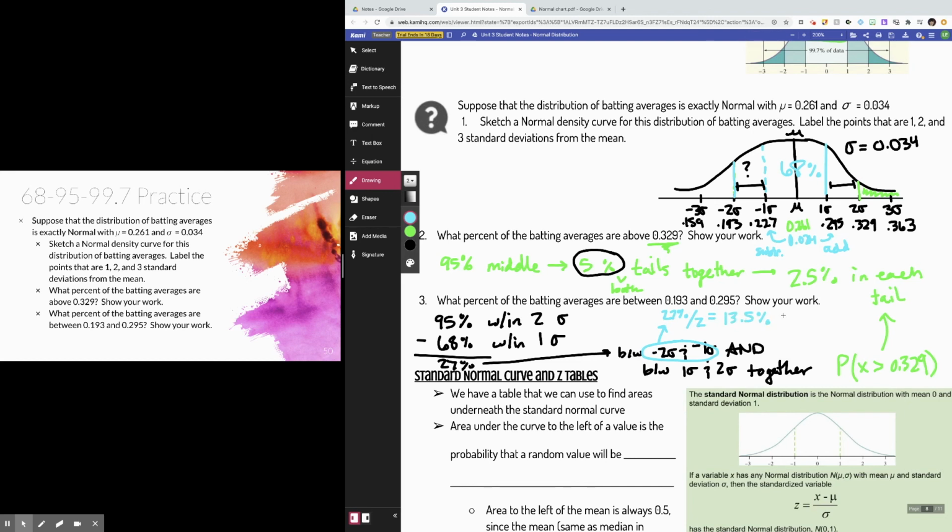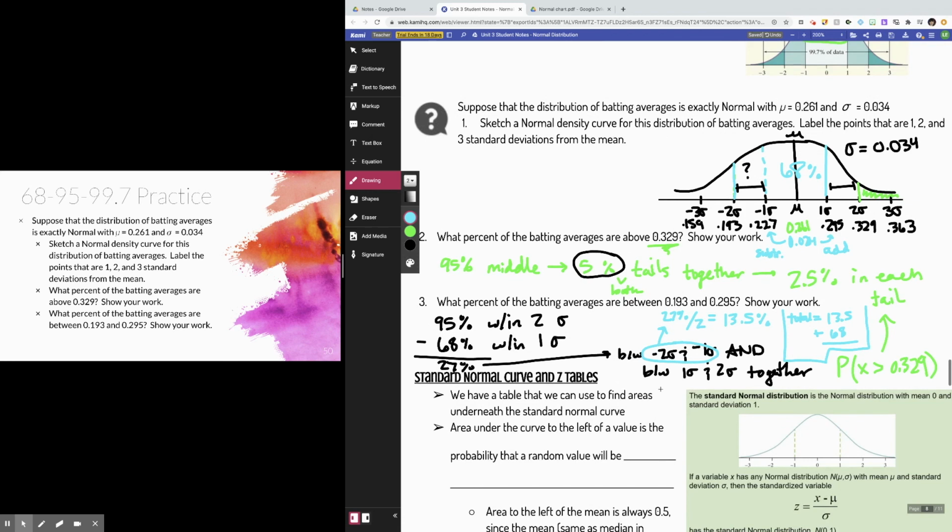That means my total probability is 13.5 plus 68, which is 81.5 when you add all that together. So 81.5% of the data falls between 0.193 and 0.295.